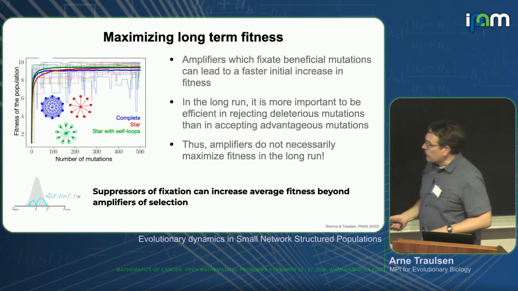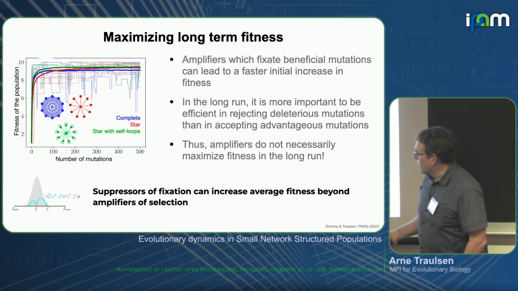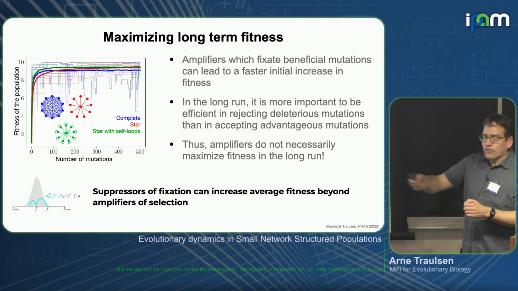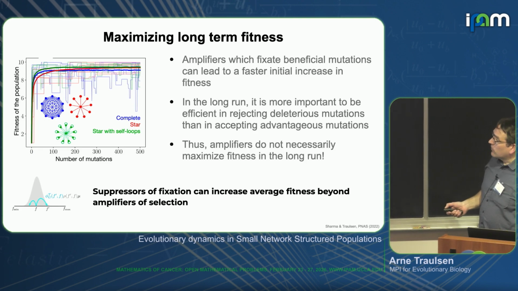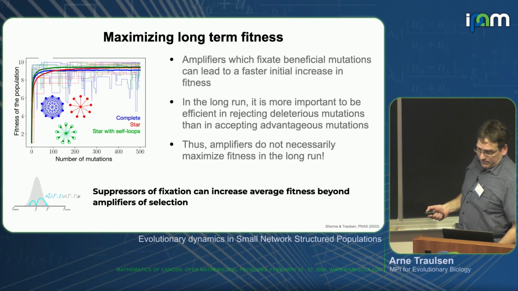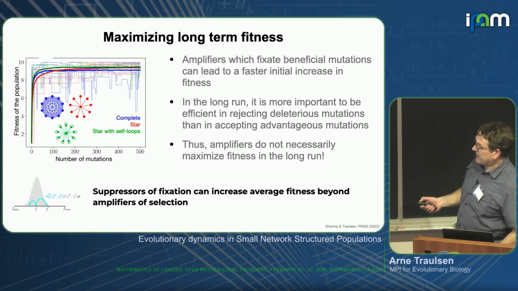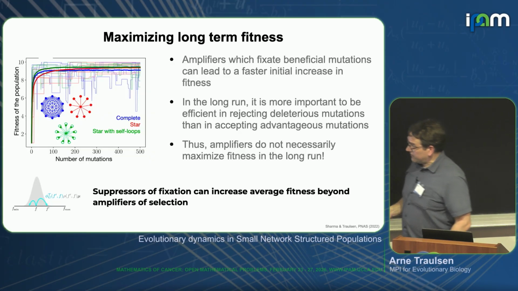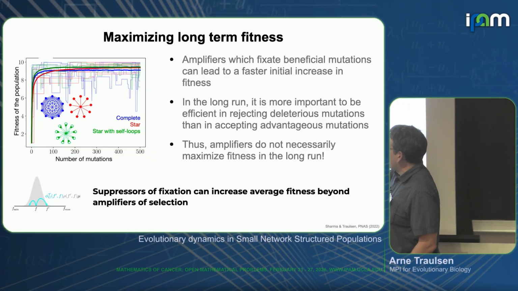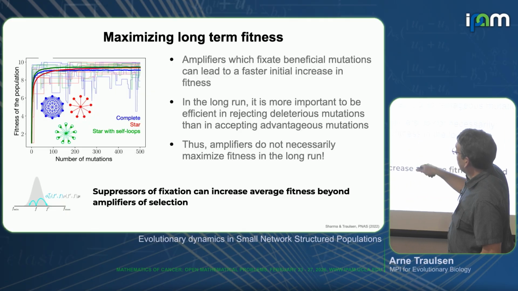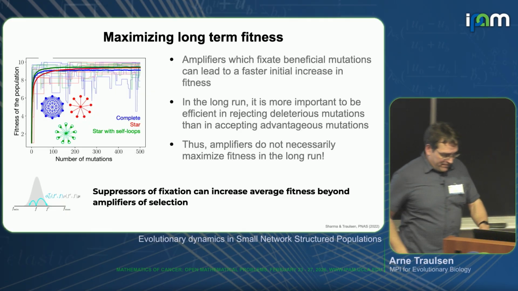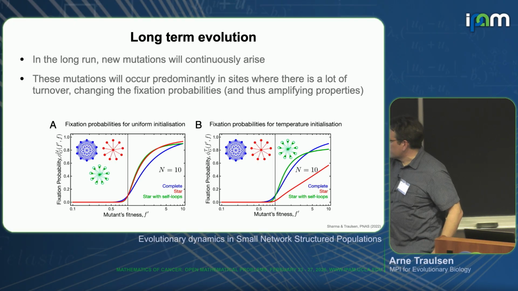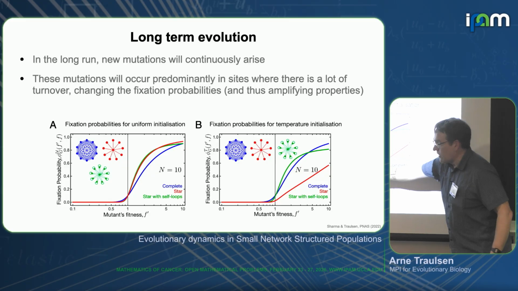So if you now look at a process where you have a fitness distribution that you just fix, and then a new mutation is just chosen from this distribution, then you can look at the number of mutations here, and then the fitness of the population, and this tends to go up. We have a couple of trajectories here, but the average is shown here, and then you realize that for the amplifier here, first of all, I have to tell you what the amplifier is, and for that you have to go back here, because this is now an amplifier at least around neutrality.